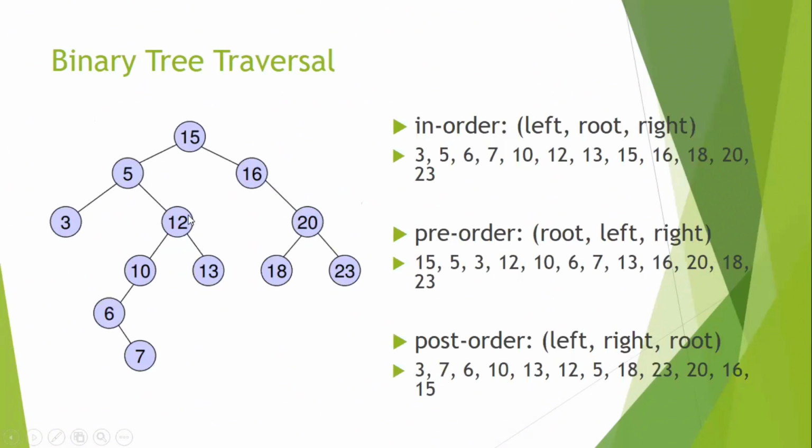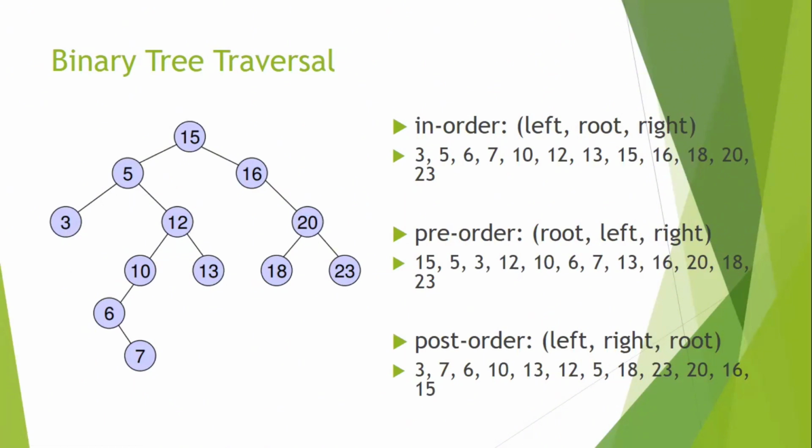Here is the example of binary tree traversal. Based on this illustration, in-order, which prints from left, root, to right, starts with 3, which is located at the left side.